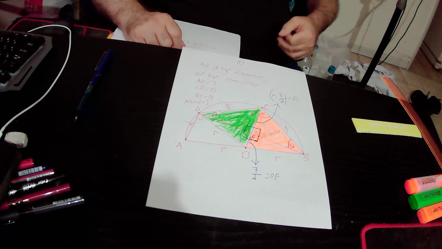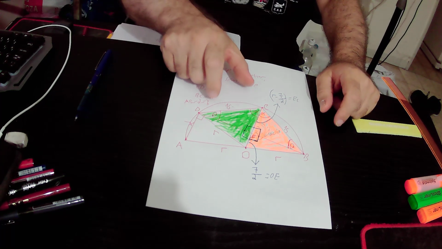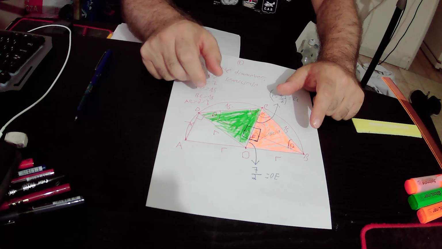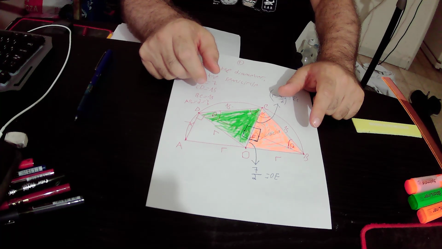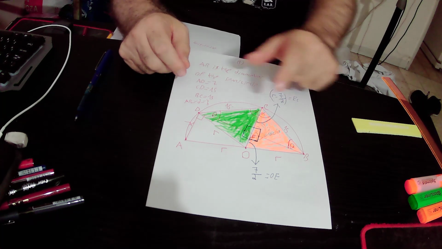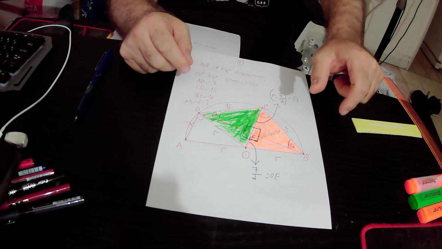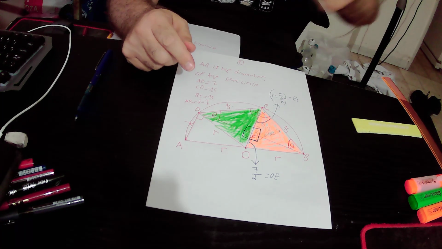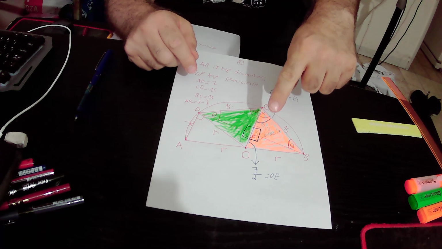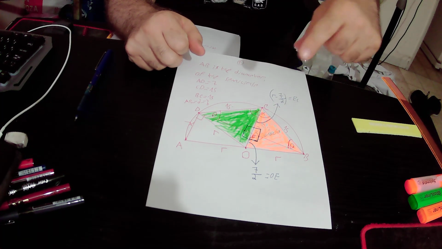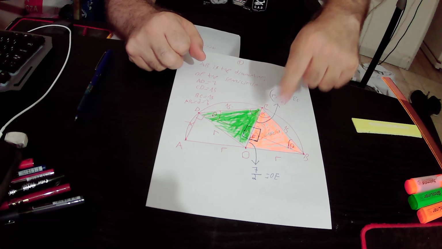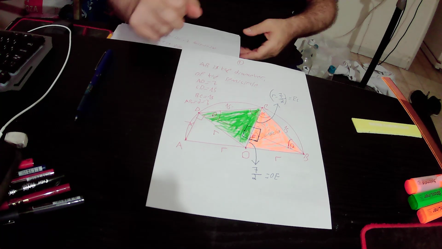On those two triangles, side DC of the green triangle equals side CB of the orange triangle, and also DO equals OB, because both DO and OB are the radiuses of this semicircle, therefore they are equal to each other, and OC is a common side, that is to say it belongs to both triangles, therefore OC equals OC.